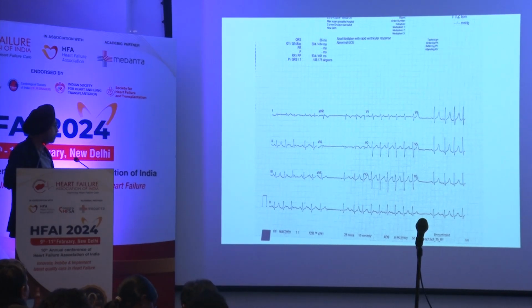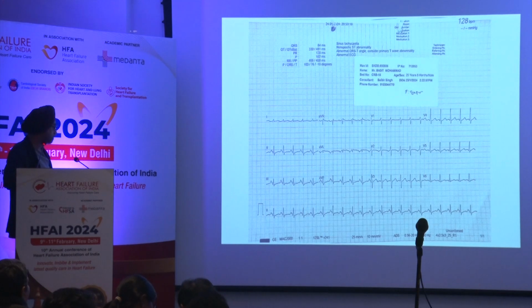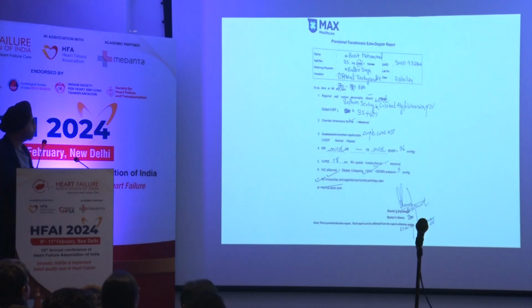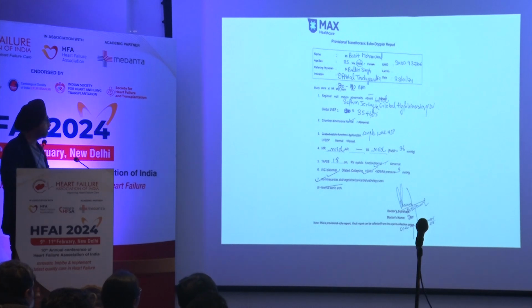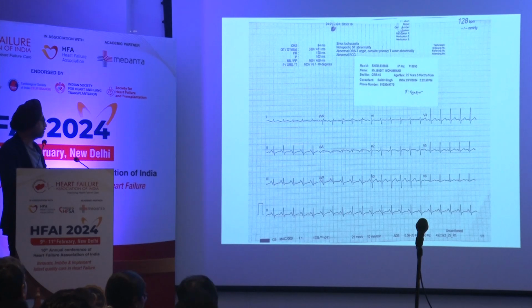This is another ECG. And this is his echo report. His echo ejection fraction is 35 to 40. So he has a cardiomyopathy. It's a global hypokinesia, and the PA pressures are a little bit elevated. 36 is the RV systolic pressure. And this is the same patient with this ECG and this ECG.